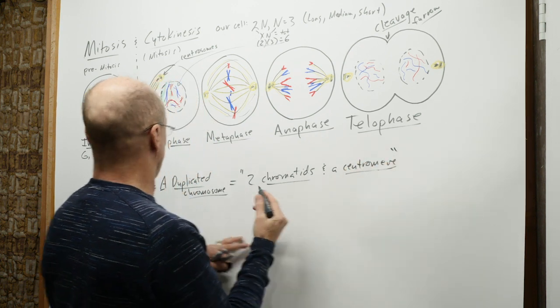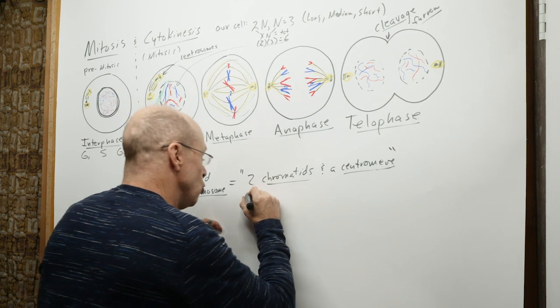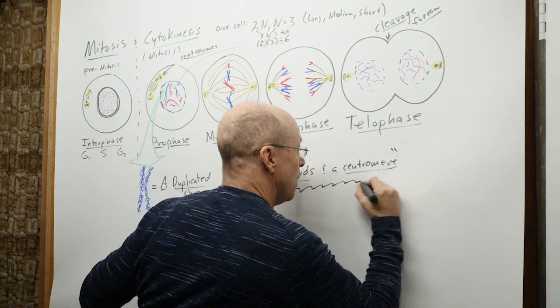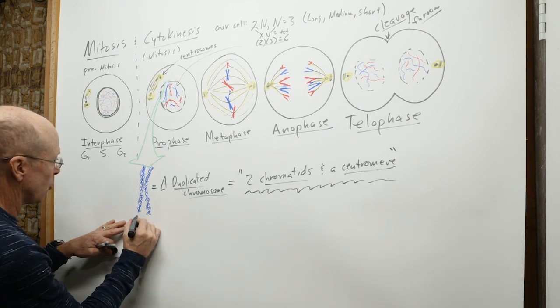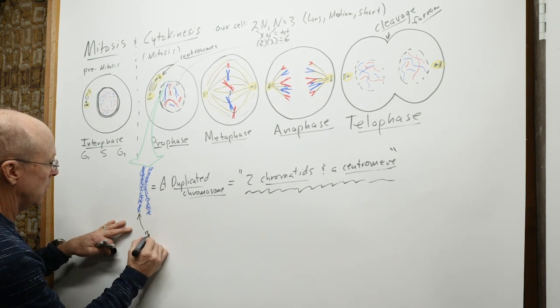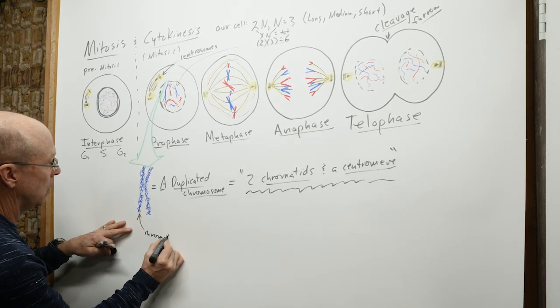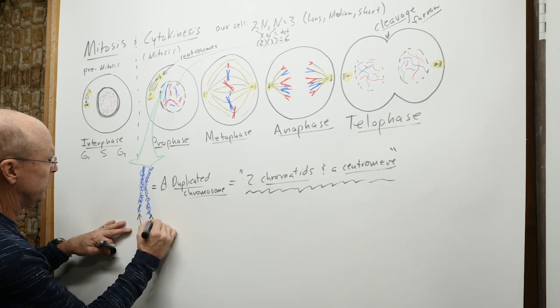And so what I'm going to do is identify these things. 2 chromatids and a centromere. Here's a chromatid. Here's a chromatid.